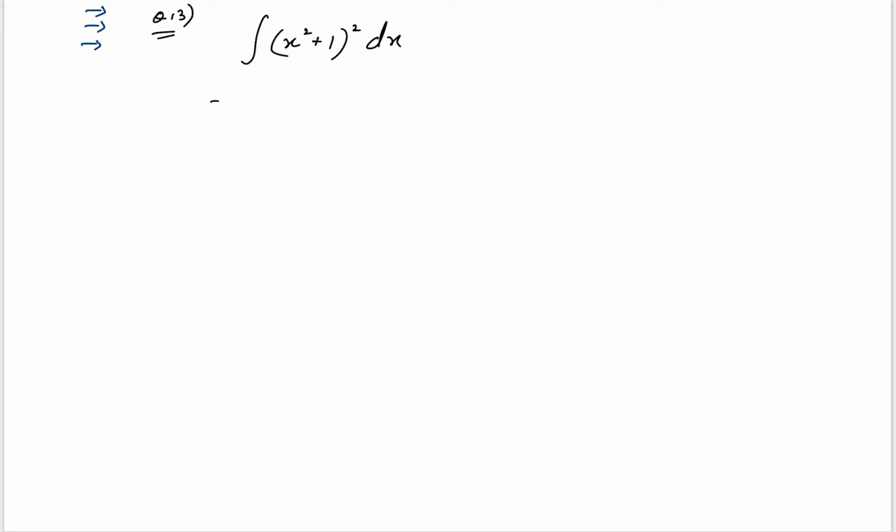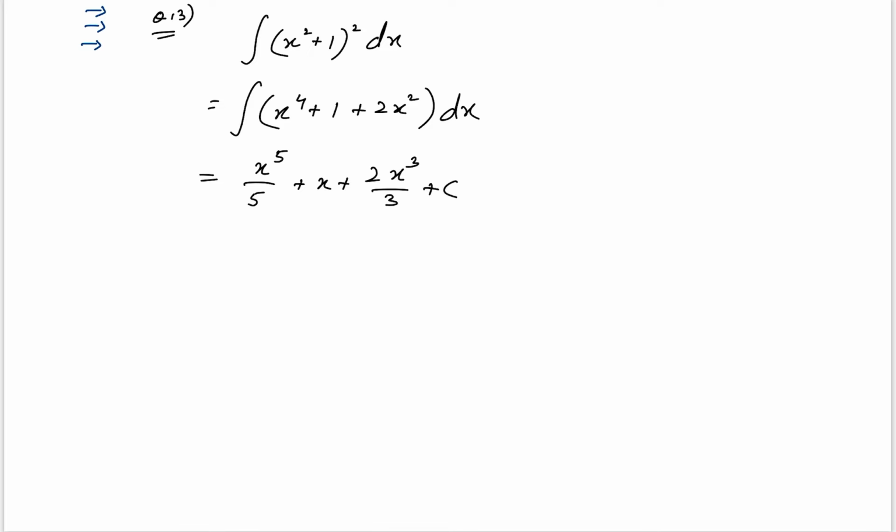So what will we do? We will first simplify the question, and we can simplify it by using the (a plus b) whole square formula. It is a square plus b square plus 2ab, right? And then its integration will be x to the power 5 divided by 5 plus x plus 2x cube over 3 plus c, right?